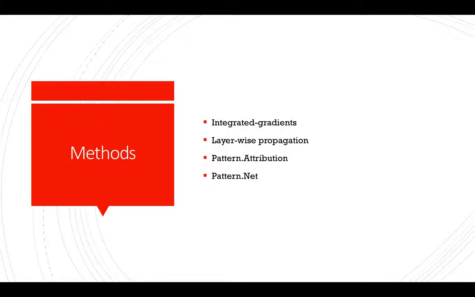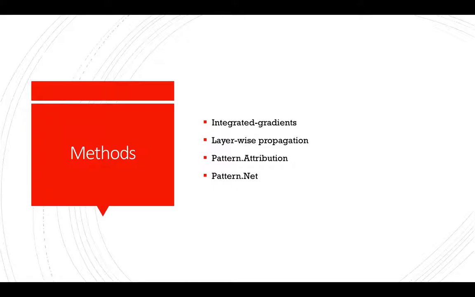And there are many current state of the art methods for explaining the neural network, and they have their own pros and cons. It is difficult to see which one is better than the other.